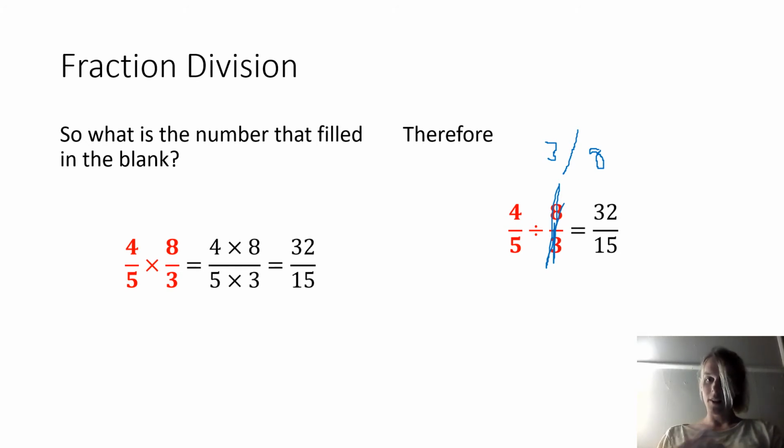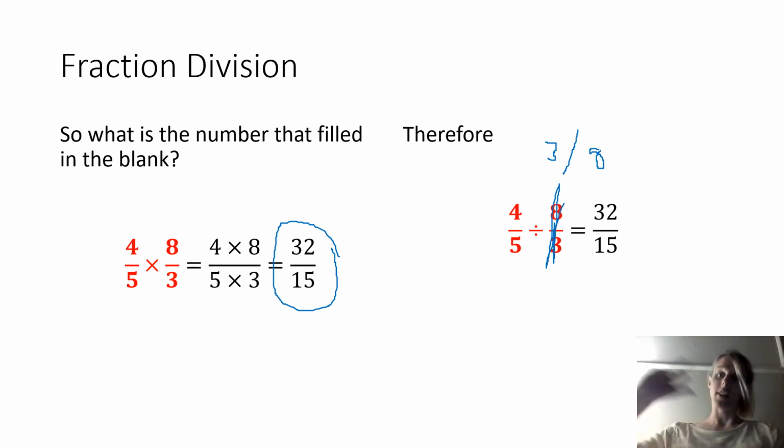Why is that? Because 32/15, we checked that fills in the blank. We got the number 32/15 by this recipe, dividend times divisor flipped. And we can see why dividend times divisor flipped always fills in the blank in the equation correctly, because it gives you basically what you want.